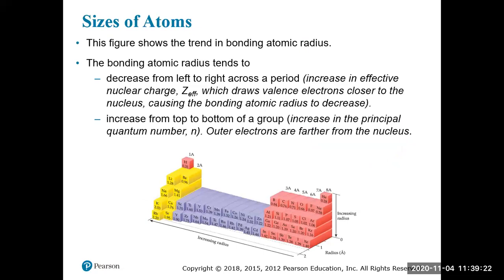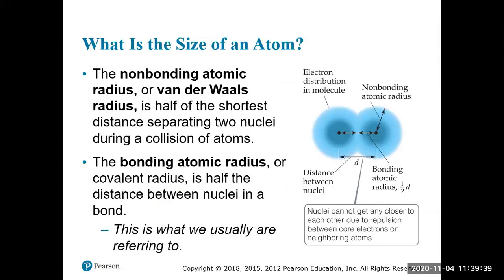So let's take a look at the size of atoms and see how that varies according to the periodic table. The figure below shows that there is a trend in bonding atomic radius. Remember, bonding atomic radius, again, is this second one. That's the one we're real interested in.